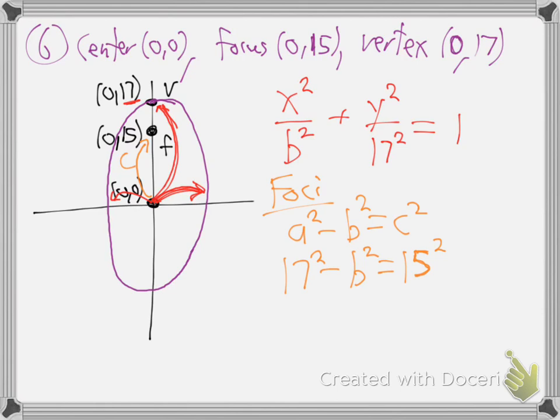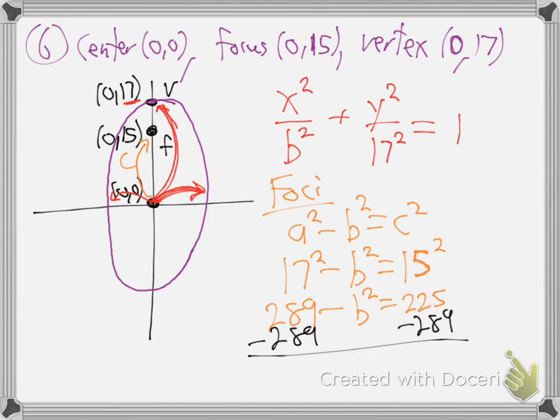We good there? So now we can solve for B. Isn't this 289, 225? So subtract 289. Was it minus 64? Divide by minus 1.